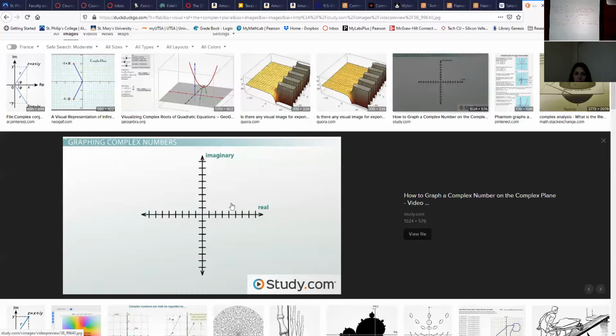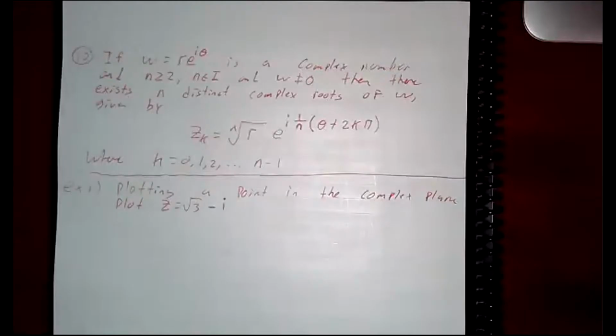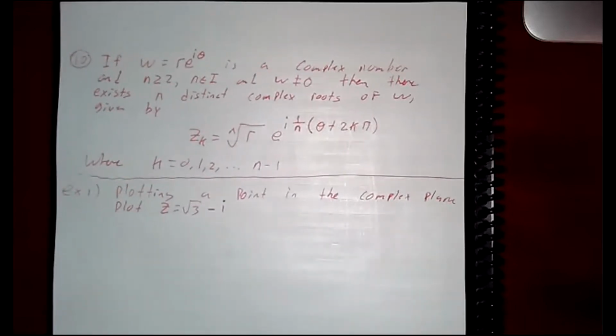So they combine two sets of numbers together. Because the imaginaries are separate from real numbers, but when you combine them, you create the complex numbers. So now everything that was in the real numbers is now in the complex numbers. That's all I want you to know from this idea.